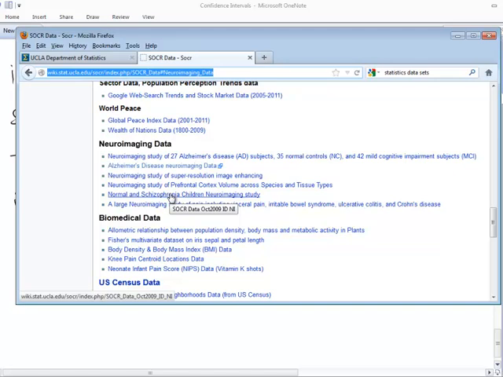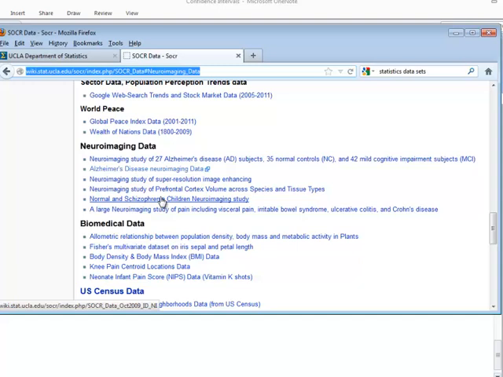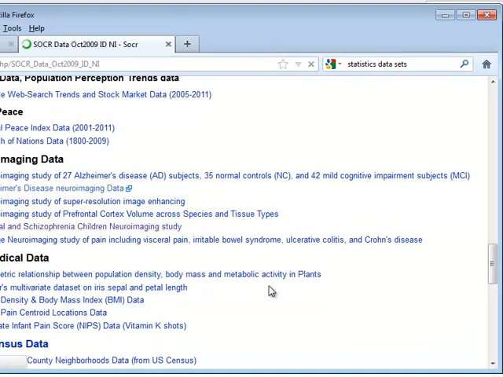I'm interested in the neuroimaging data sets, so let's look at the normal and schizophrenia children neuroimaging study.